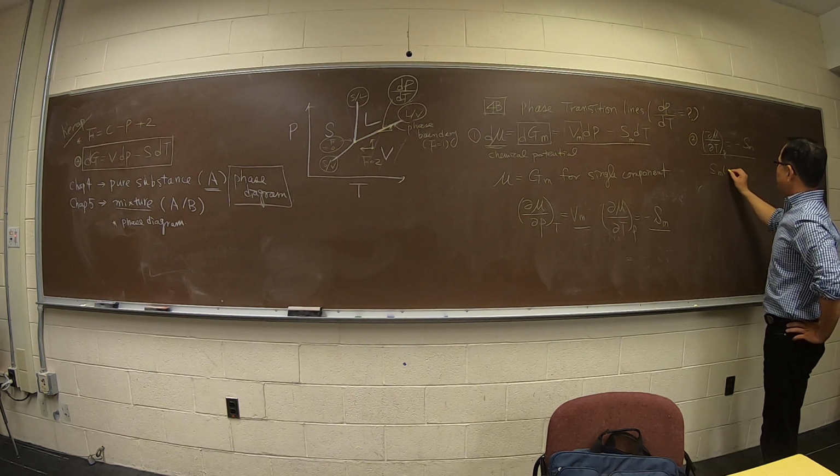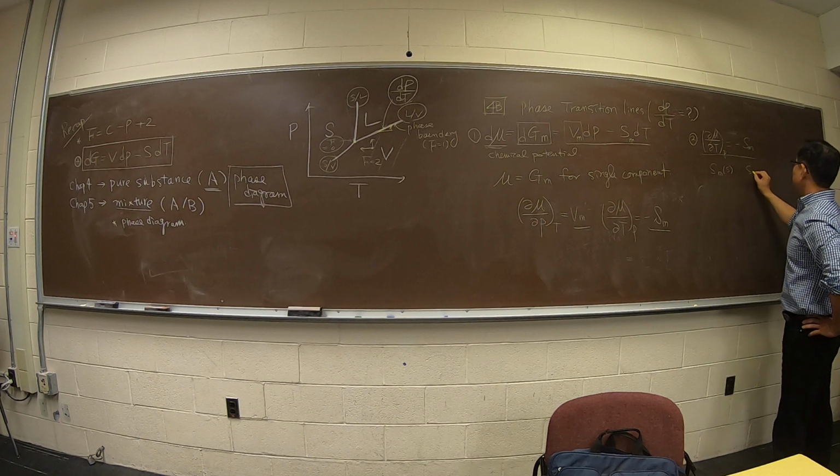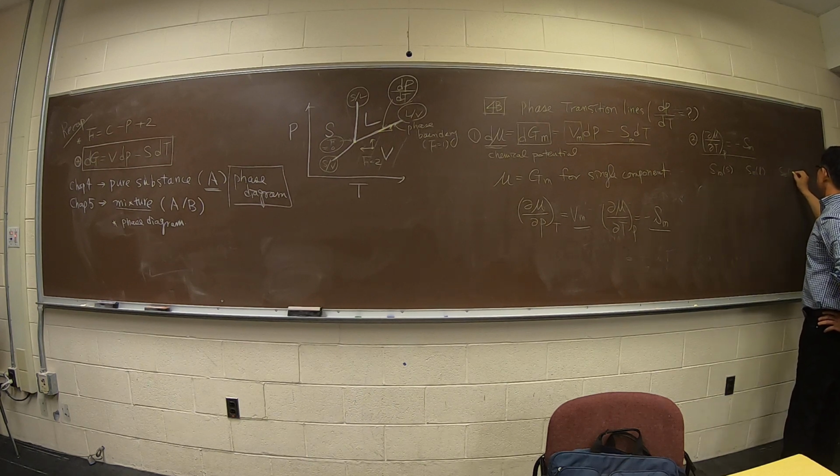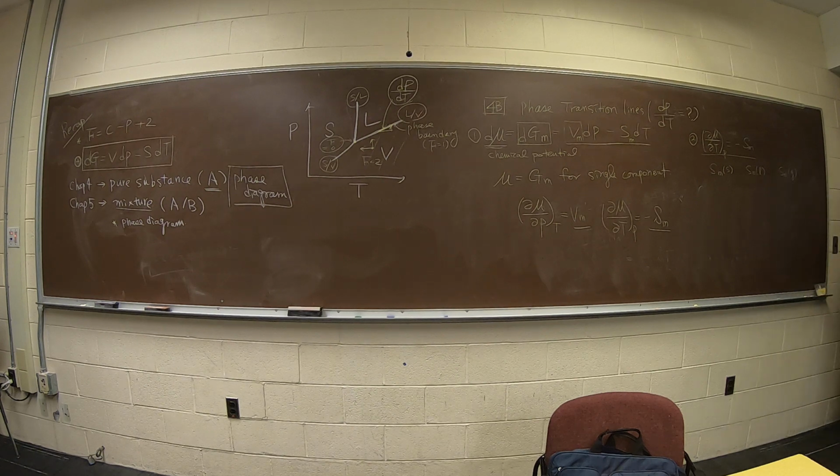Molar Gibbs free energy for solid, for liquid, for gas. Which one is the largest? Which one has the highest disorder in the arrangement of the molecules? Gas. Gas is the most disorganized state.